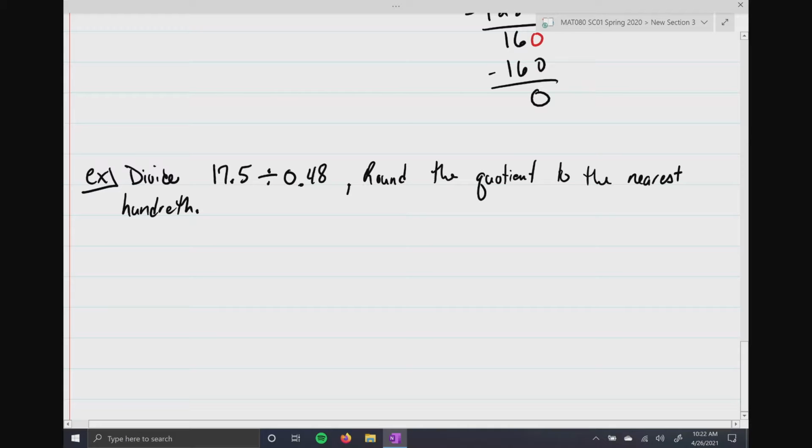So before we even start this problem, I have a question for you. If I want to round to the nearest hundredth, how many decimal places do I need? Now remember, the way we set up our problem is just like this. And I know this answer up top, those numbers up top represent my quotient.